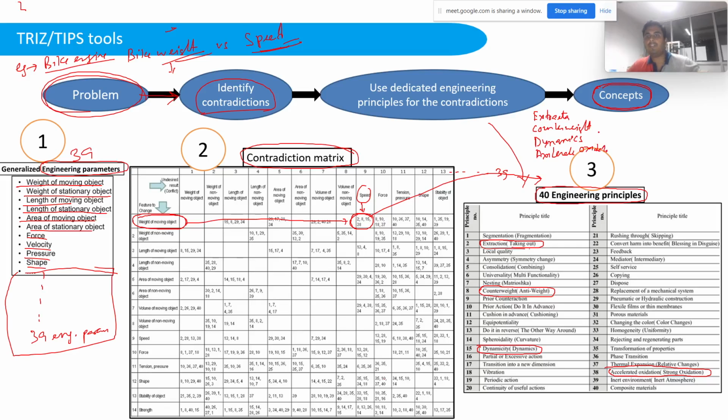Now based on these principles you can think, okay, extraction: probably you need to reduce or extract, remove some material. Probably you need to consider some alternative material, so you can achieve the same horsepower and reduce the weight.